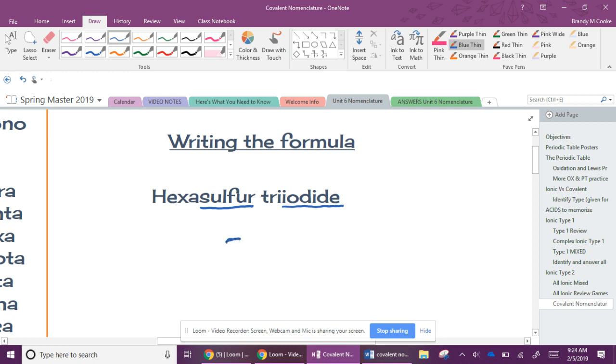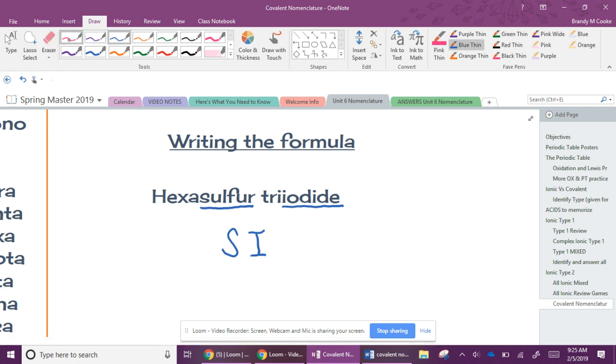So I'm going to say, okay, S, and I have I. And that S has to be capital because it's sulfur. I has to be capital because it's iodine. If it was big S, little I, well, that's silicon, right? It's not sulfur triiodide.